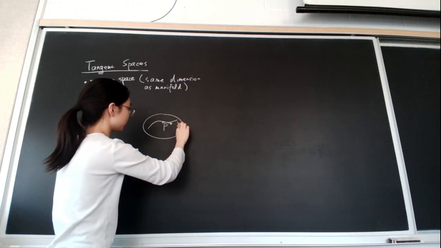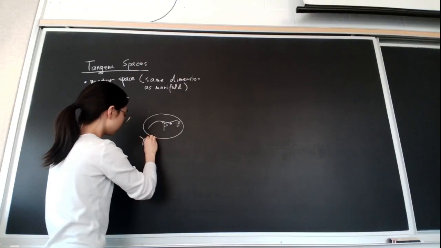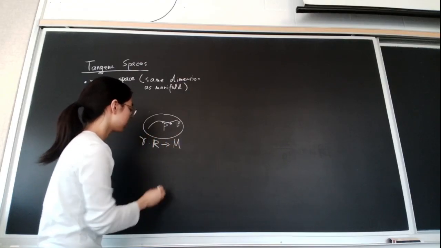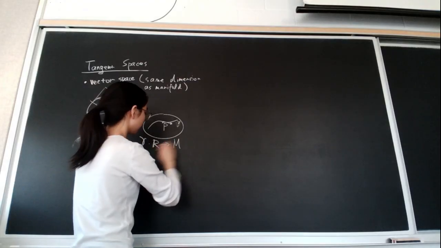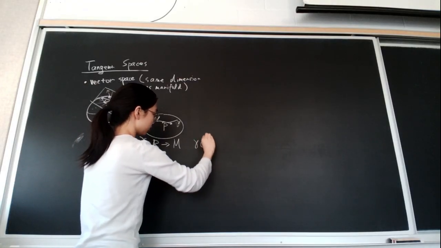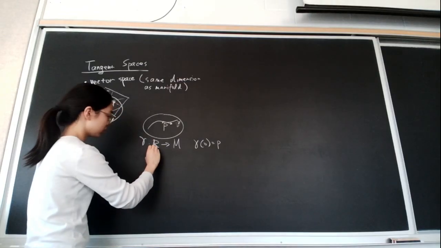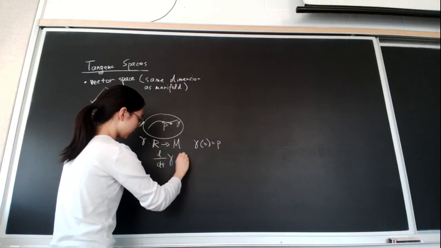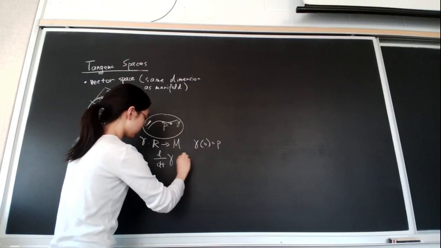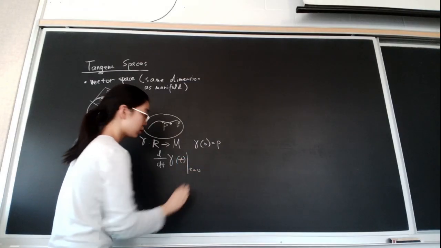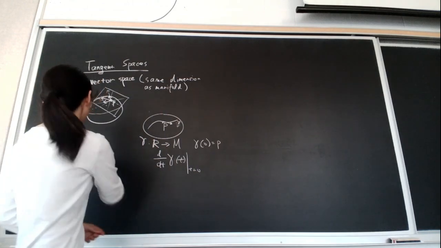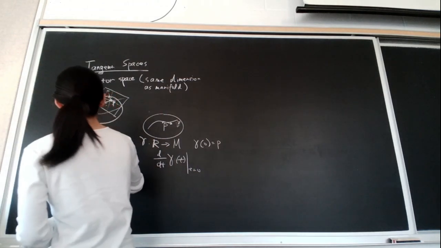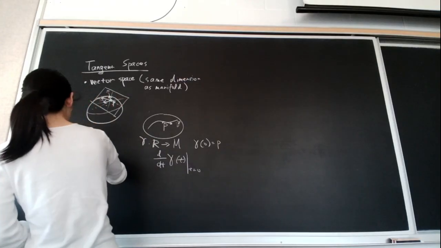So let's say this path is gamma from R to M, and gamma of 0 is equal to P. Then you want to look at the derivative of gamma at 0. All right. So basically, we want our tangent space to be some sort of derivative.